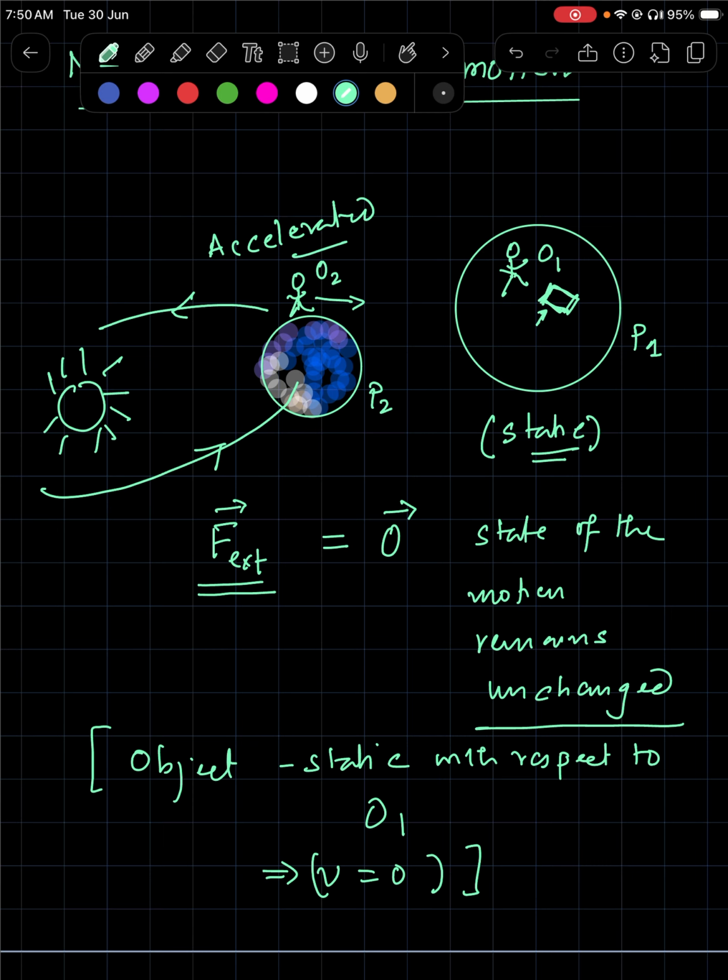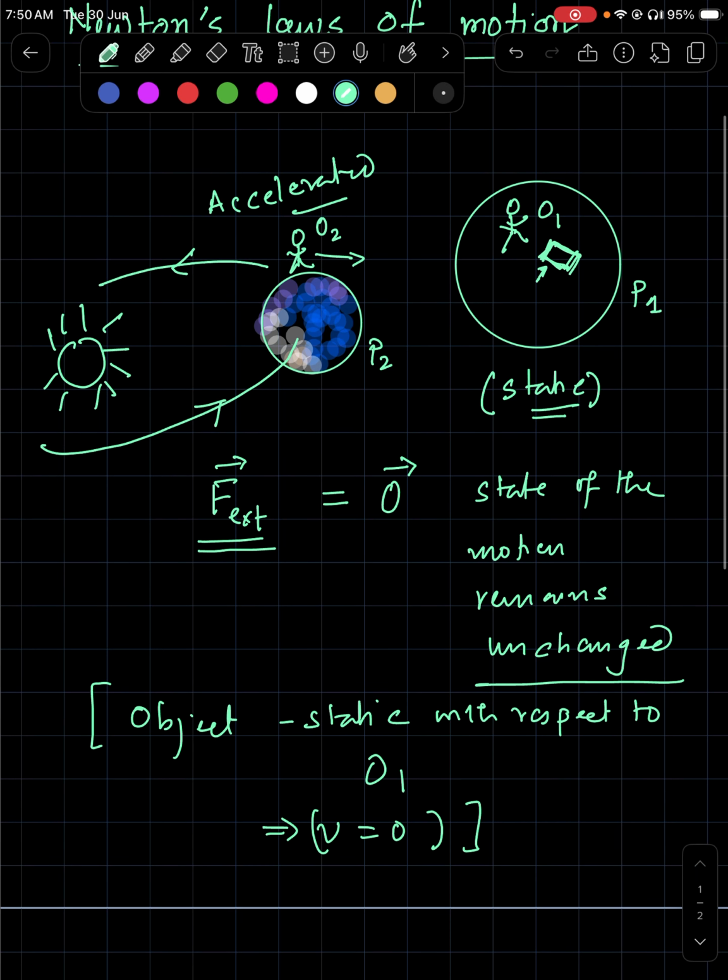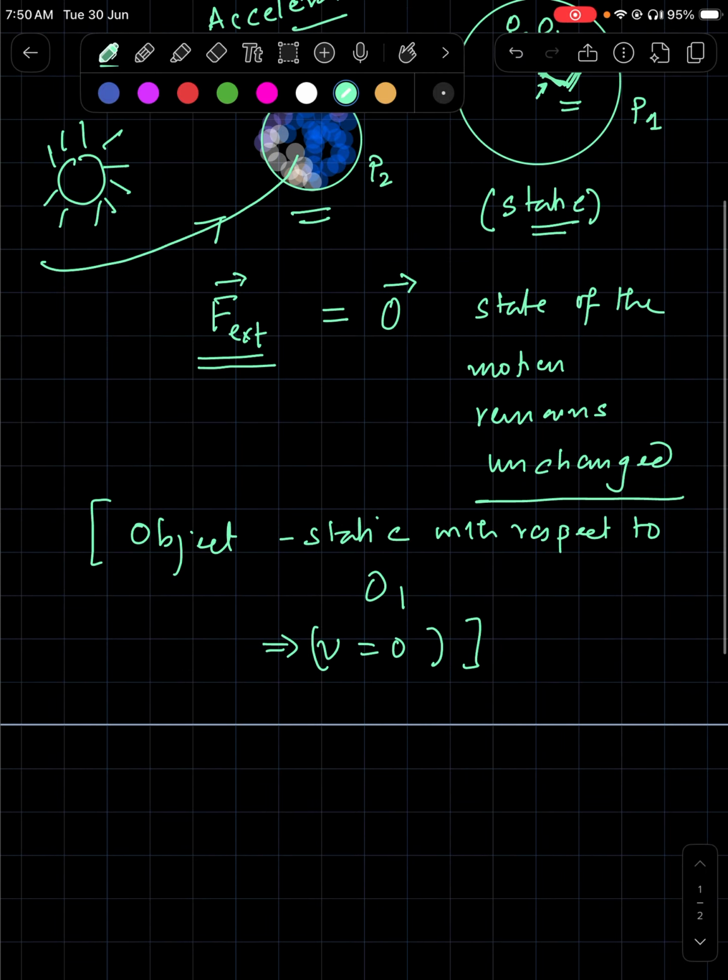That means this object appears to be accelerated with respect to O2. So even though there is no external force acting on this object, observer 2 will see this particular object being accelerated. So for O2, the object is accelerated.